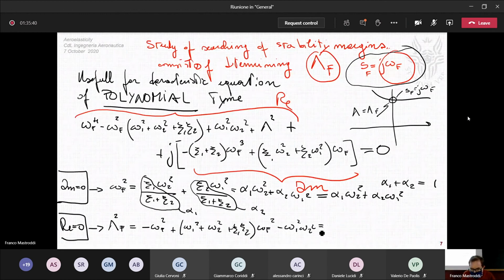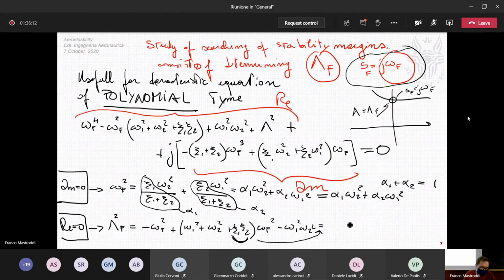Now, note that this quantity is the product of the two dampings, so it's a very small quantity because zeta is a small number. So the product is a higher order small number. And then I can move this quantity apart in this expression, and therefore what I obtain is the following quantity.